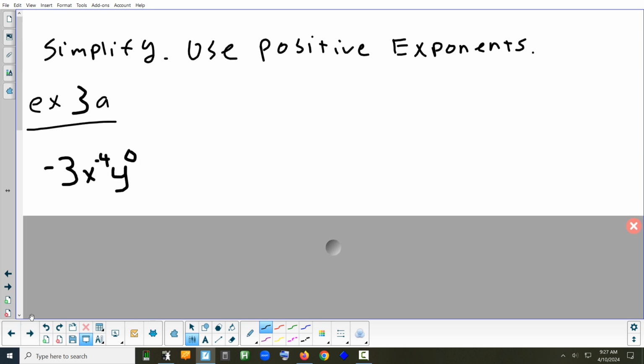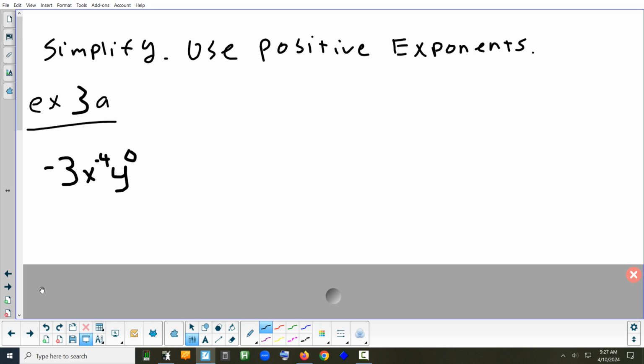All right, so let's try this one. Okay, so first question that's negative 3, x to the negative 4, y to the 0. Are there any negative exponents? Yes. Is it a fraction?